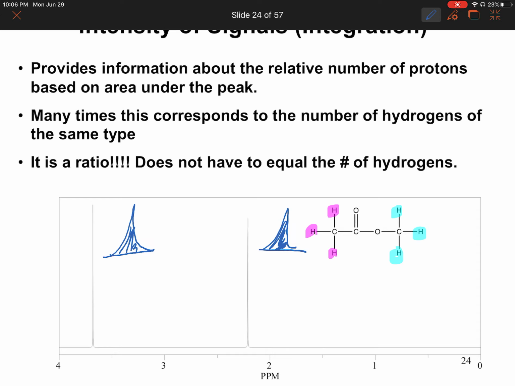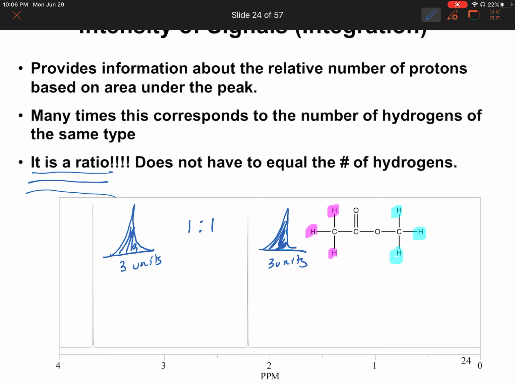So if we say that this is 3 units here, and we say it's also 3 units here, then what we're saying is that the ratio of the area under the peak is 1 to 1. That suggests they're worth the same amount of hydrogens. So if signal 1 is worth 5 hydrogens, then signal 2 must also be worth 5 hydrogens. But you want to keep in mind that this is a ratio.